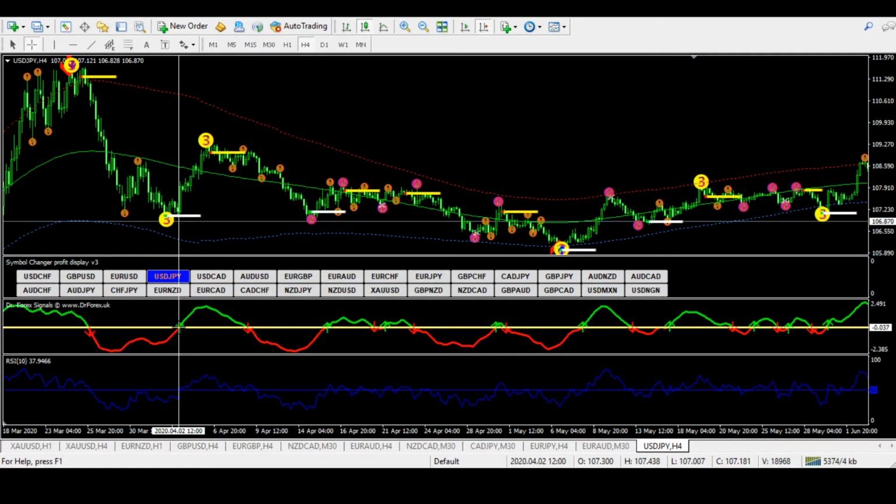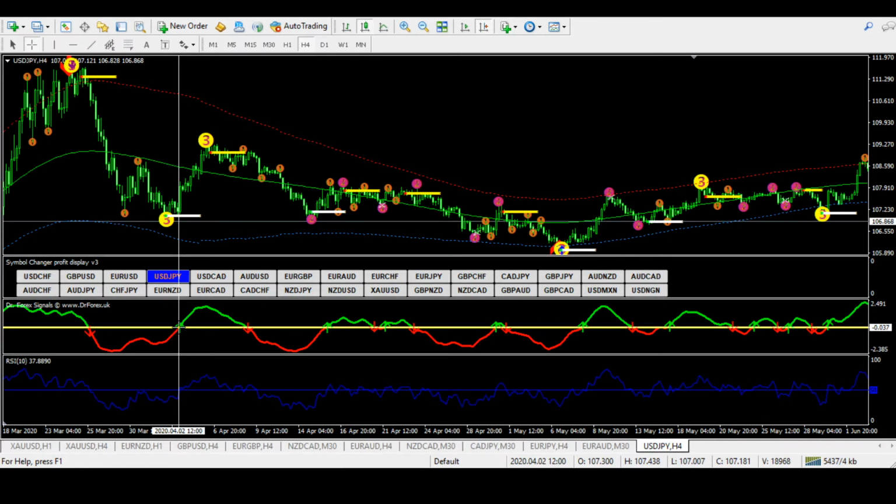Okay. Now, point three, do we have two to three confluences? Let's check. We have the support, the horizontal support line there, one. Then we have the semaphore, that's two. Okay, so that also works. Then the bonus point. What's the relationship between RSI and the 50 line? You see that the RSI has crossed upward of the 50 line.